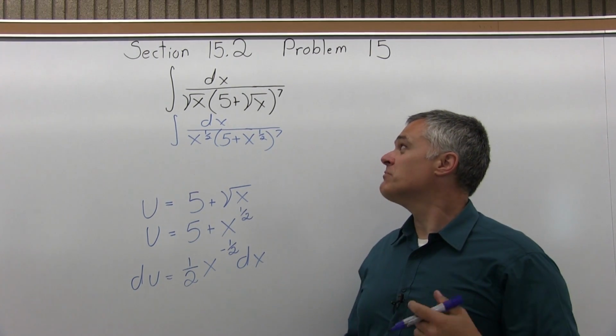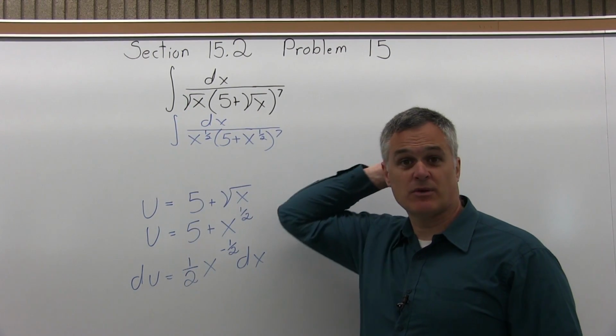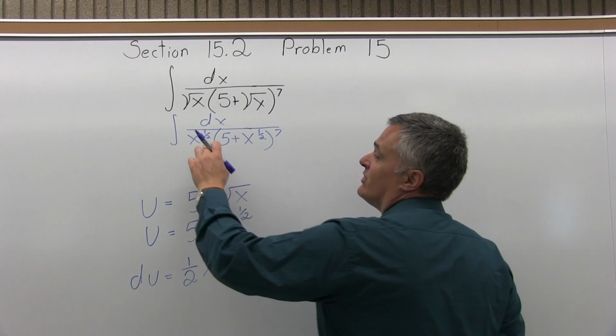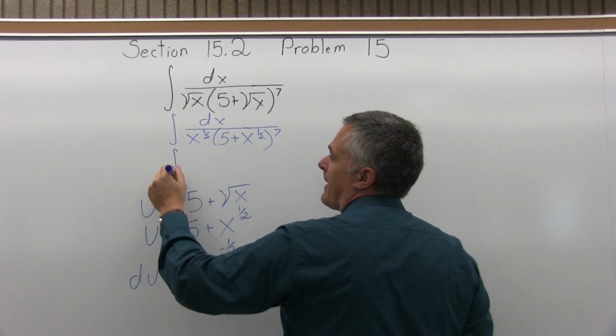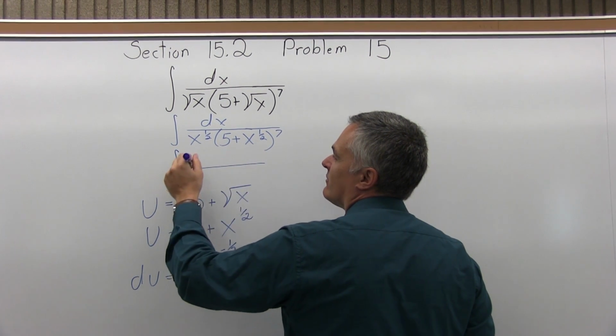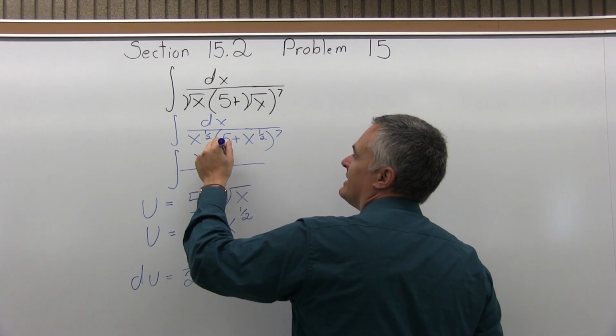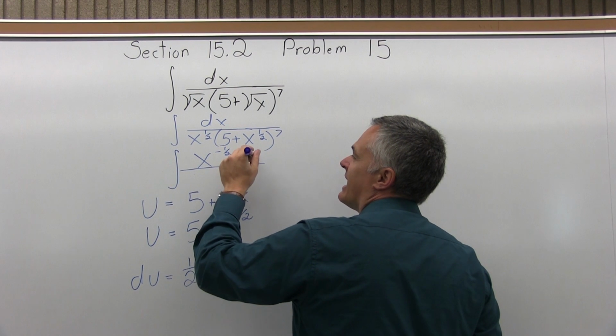It's the same thing. I've replaced my square roots with exponents of 1/2. And now this x to the 1/2 in the bottom, let me pull it up on the top by making it a negative 1/2 power. So x to the negative 1/2 dx.